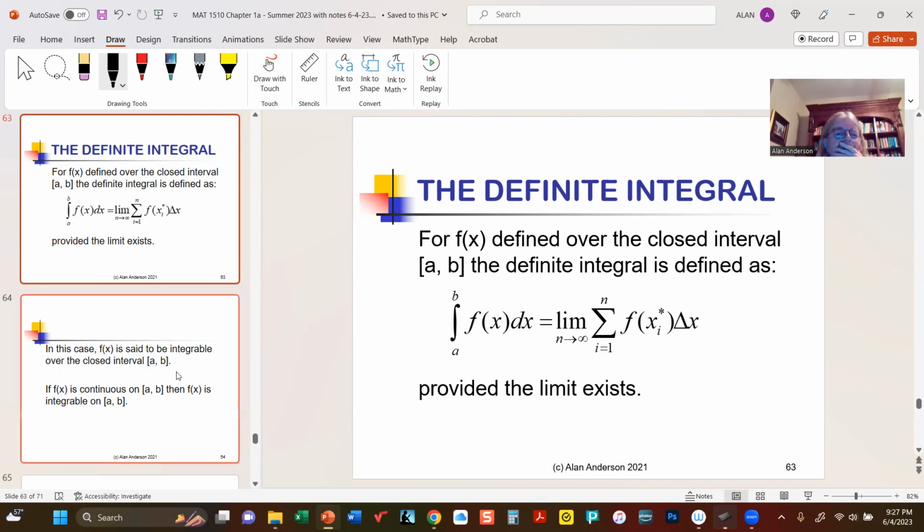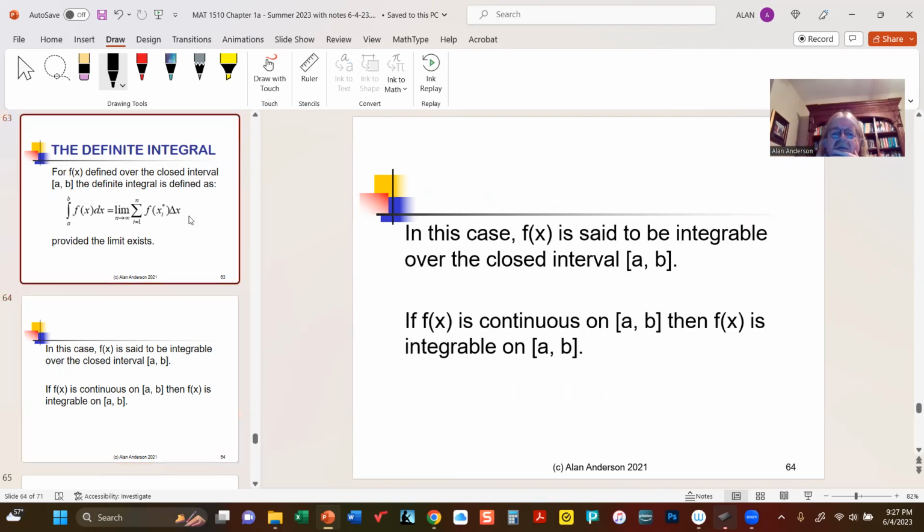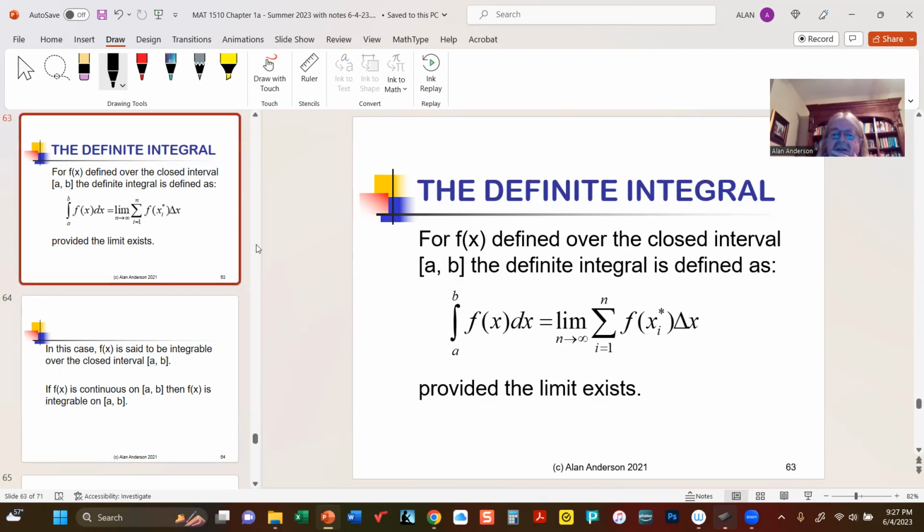Now, if it's possible to do this, and it's not always possible, remember, we assumed earlier that the function is smooth and continuous. If there are any discontinuities in the function, it may not be possible to even define an integral in the first place. But assuming we're dealing with well-behaved, smooth, continuous functions, this is what we mean by the definite integral.